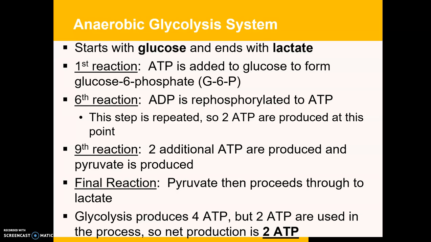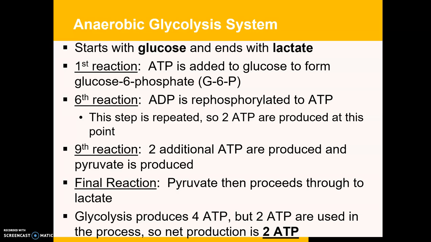In the first step, energy and a phosphate group from an ATP are added to glucose to form glucose 6-phosphate, G6P, which is one of the notable glycolytic intermediate compounds. Glucose is a compound that contains 6 carbons.